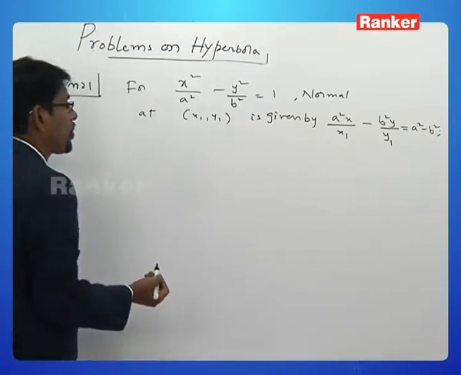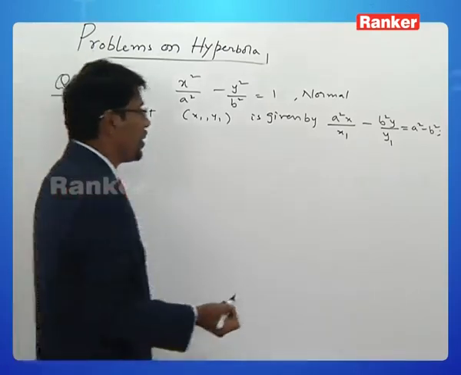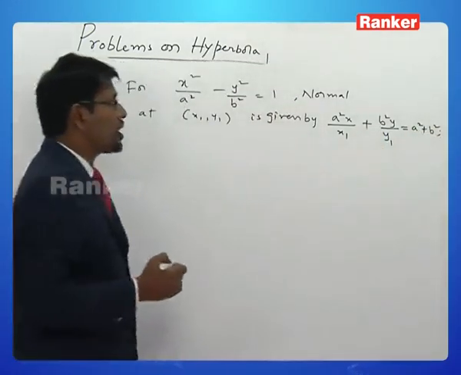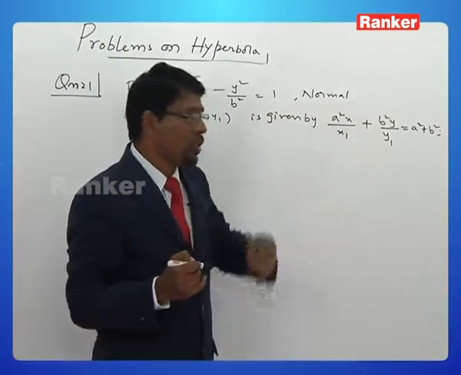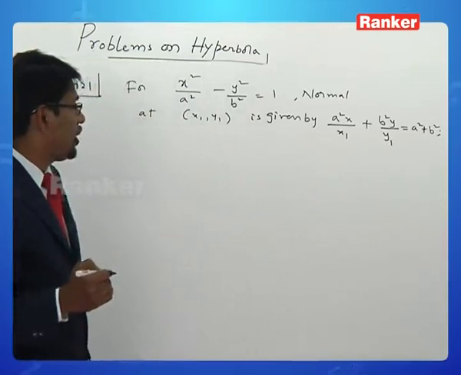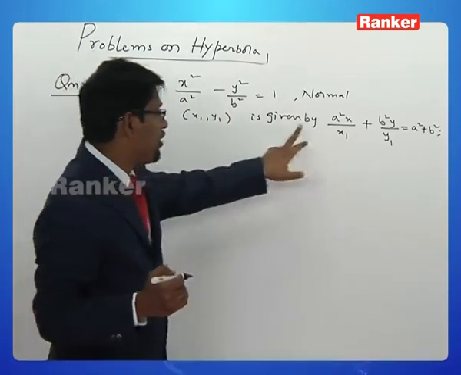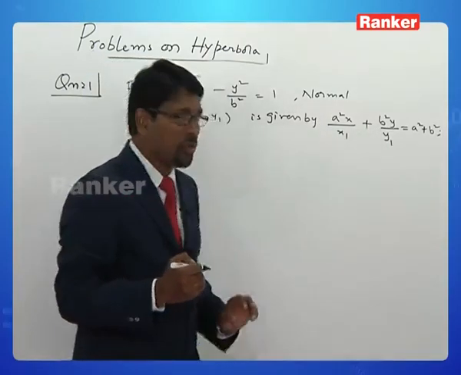Okay. Now this normal, no, I'm sorry, it's plus here. It is minus in the context of ellipse, and it will be plus in the context of hyperbola. So for a hyperbola, the normal at a point x1 comma y1 is given by a square x by x1 plus b square y by y1 is equal to a square plus b square.